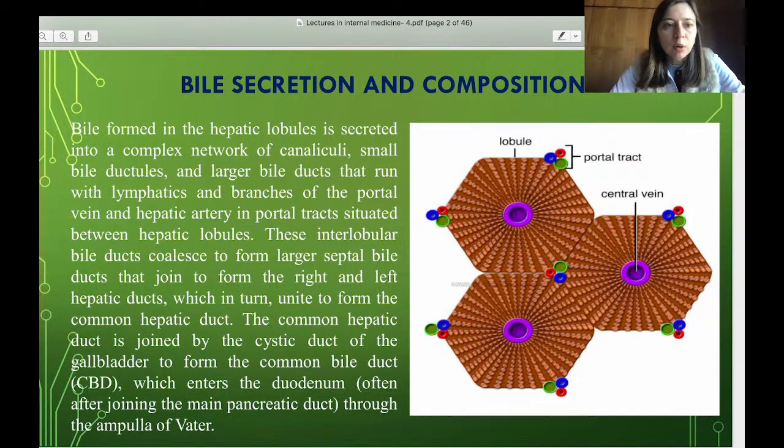These interlobular bile ducts coalesce to form larger septal bile ducts that join to form the right and left hepatic ducts, which in turn unite to form the common hepatic duct. The common hepatic duct is joined by the cystic duct of the gallbladder to form the common bile duct, which enters the duodenum through the ampulla of Vater.